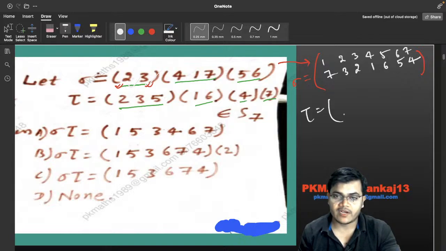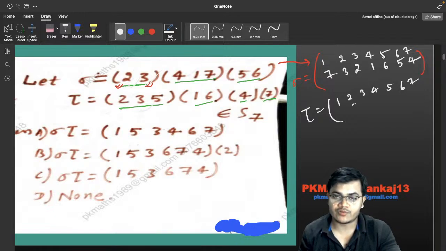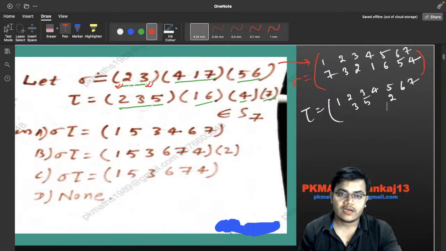Now we are given the tau permutation. Once again we write all the elements: 1, 2, 3, 4, 5, 6, 7. Here 2 is going to 3, 3 is going to 5 and 5 is going to 2 again, because the cycle closes at 2 and 5.